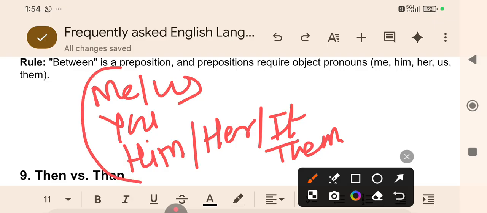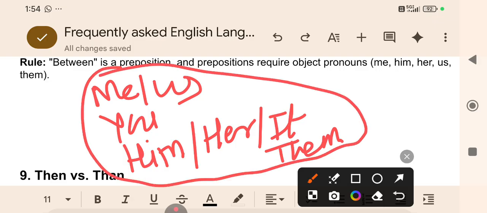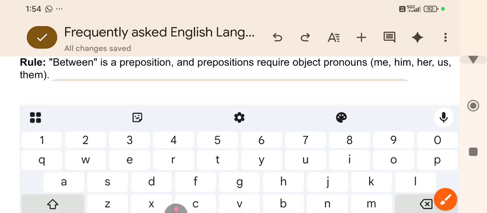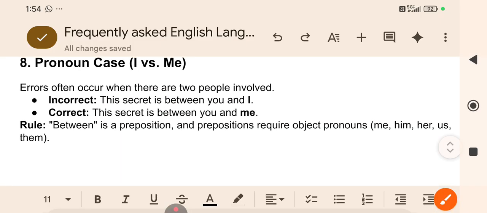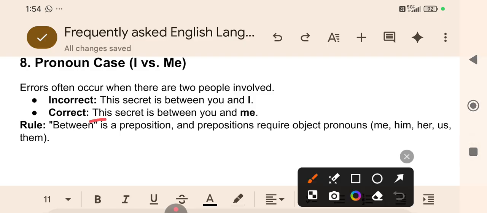These objective pronouns are always used after the verb or after a preposition. Please take care. That is why the correct sentence is: this secret is between you and me, not you and I, because the preposition between is used here, right?